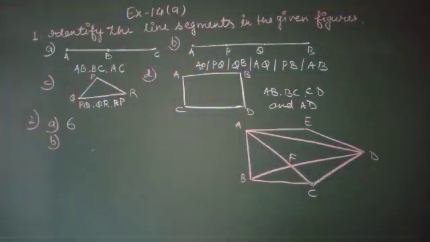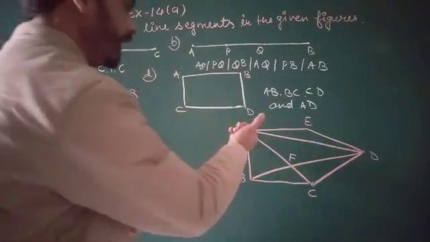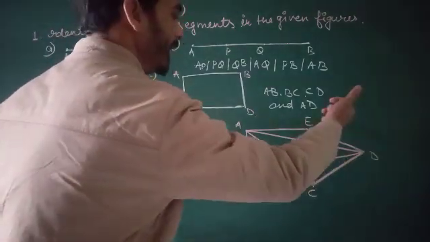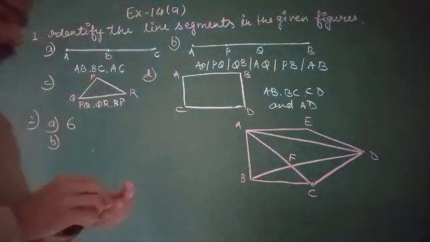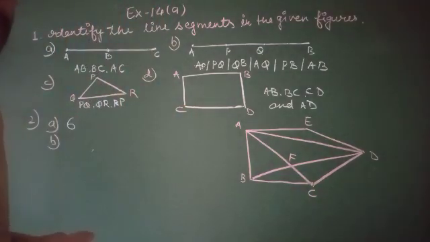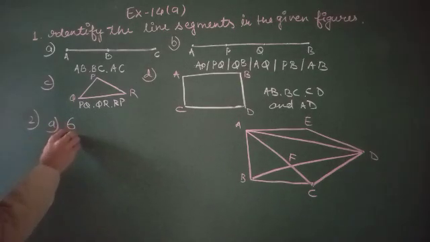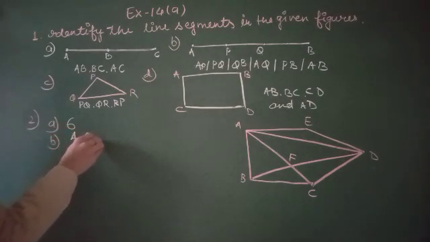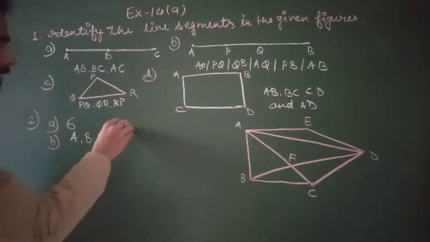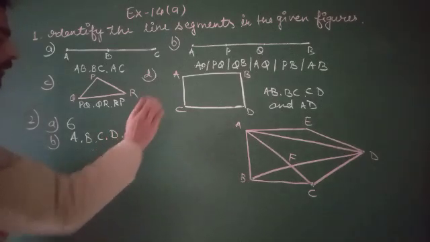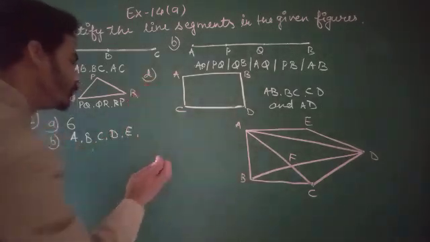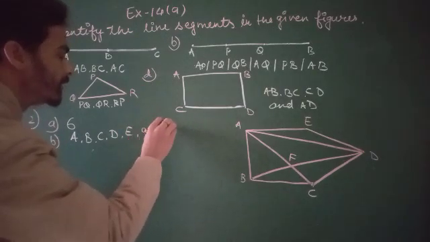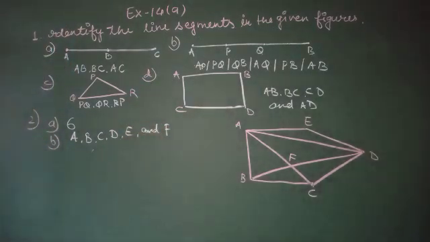So you can see here that there are many points: A, B, C, D, E and F. The 6 points are A, B, C, D, E and F. These are the points in this figure.